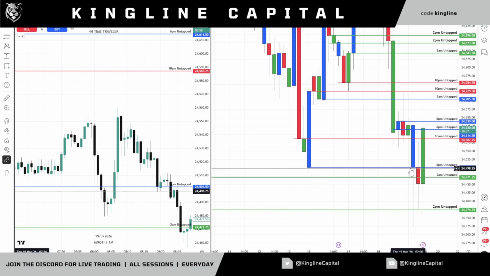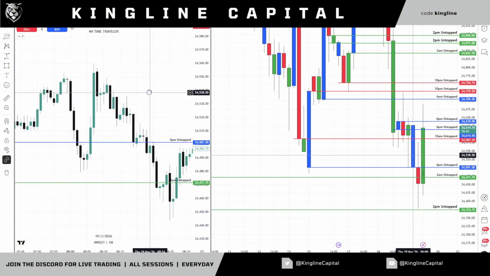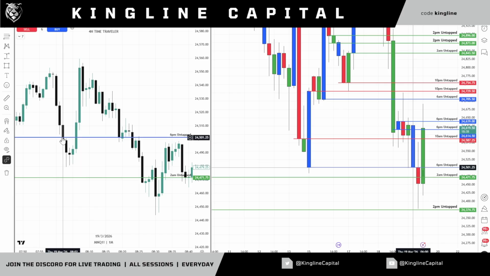So it makes sense for price to come down here. Now this area of price, that gap down that only had a candle body up through it, now has a candle body down through it, and we've balanced that area. That's logical. And so that would have been a great target back down to this untapped level.